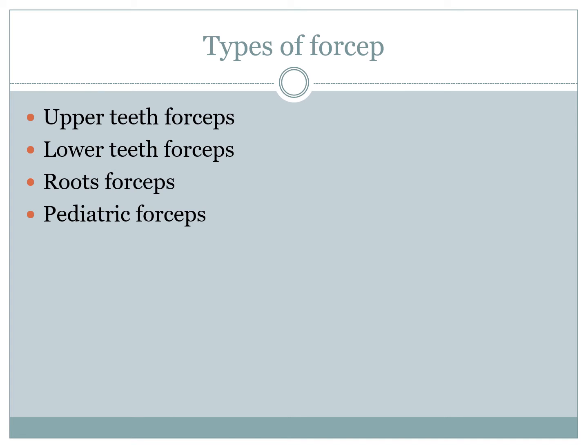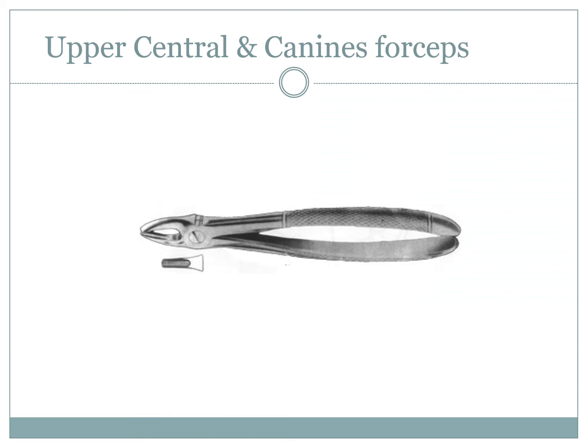The lower one will have a right angle, and the upper one will be big and sharp, always straight with a little curvature. The difference between the root forceps and the normal forceps: in the root forceps the beak will be closed, and in the normal forceps the beak will be a little open. Pediatric forceps are small in size compared to the adult one.